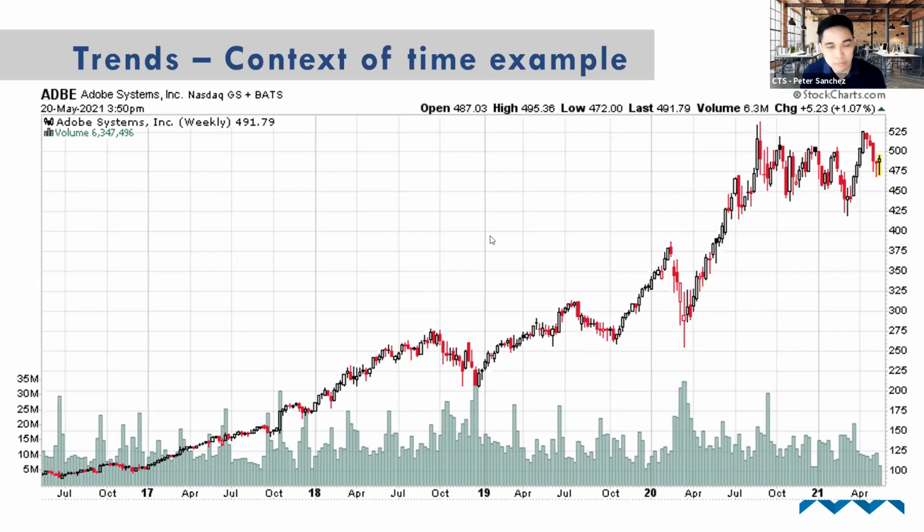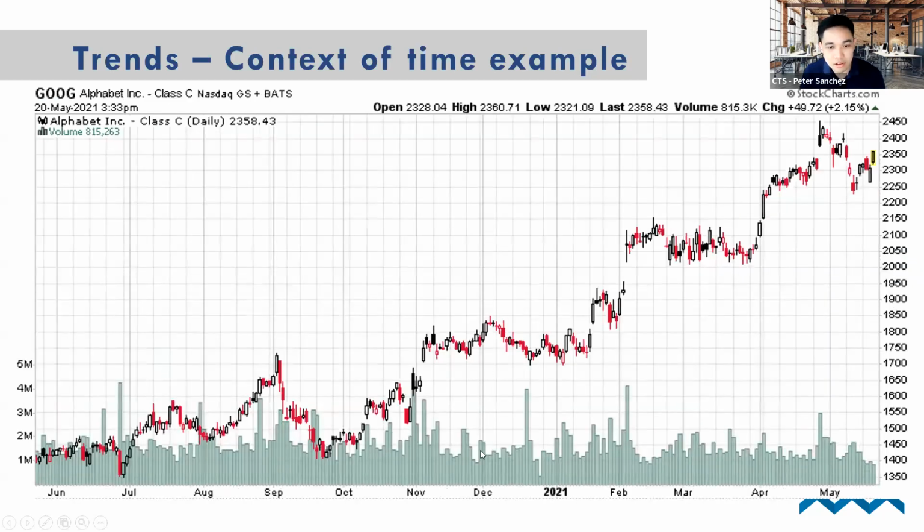Another example, ito, balik tayo sa Google. We established that Google was on an uptrend. Di ba? Okay. Pero sa case ni Google, ito, 1-year chart to eh. And if we zoom in, pwede natin makita na actually nung November to December, actually January na, Google gumagawa pala siya ng mini sideways trends in between.